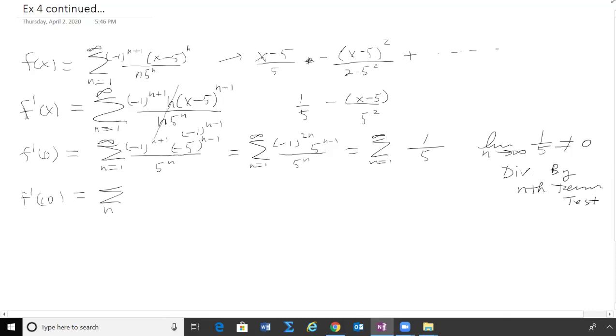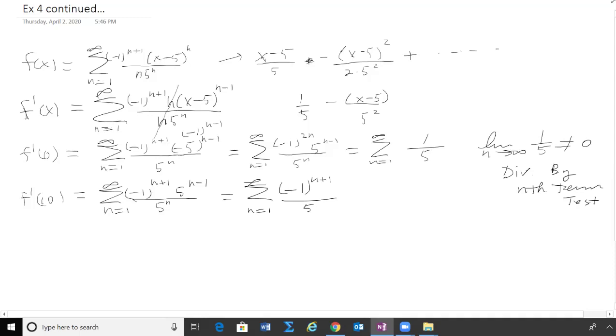Well, that gives you this series, minus 1 to the n plus 1, and a 5 to the n minus 1, all over 5 to the n. And that becomes just a minus 1 to the n plus 1 over the 5.